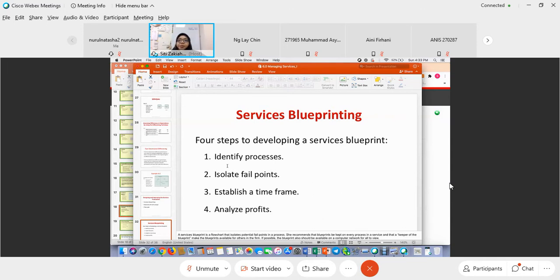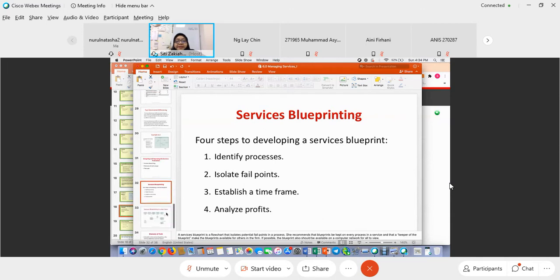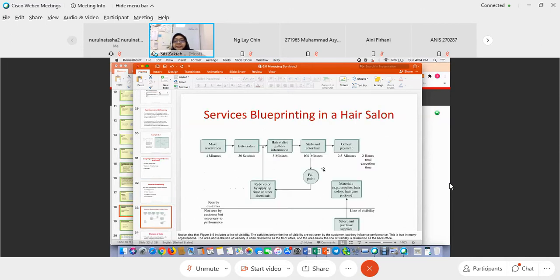That means, where do you think that errors will occur in your whole process? Once you already draw your process, you can see the probability of when an error might occur. Establish a time frame and analyze profits.